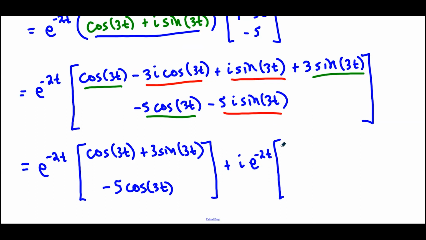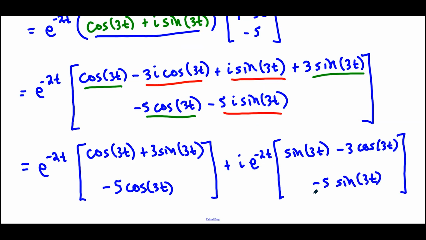And then all the imaginary stuff. So let me put this sine first. So we'll say sine 3t minus 3 cosine 3t. And then negative 5 sine 3t in the second component.